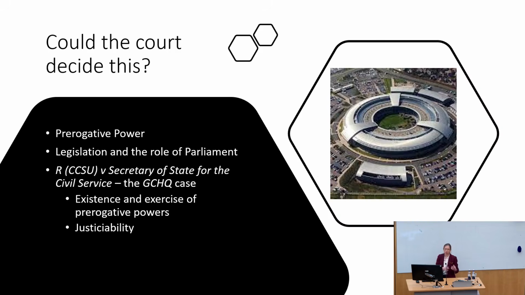It's a situation where the power has evolved over time and any limits on that power come from case law, from the courts. And that makes it quite unusual. And so people argue that you shouldn't control prerogative powers in the same way. Because we've got to think about, is it legitimate for the court to be doing this?